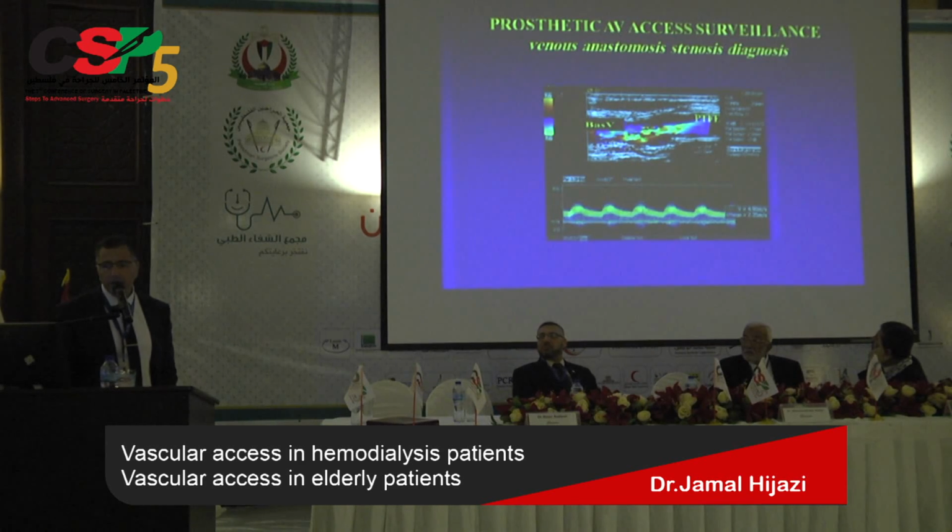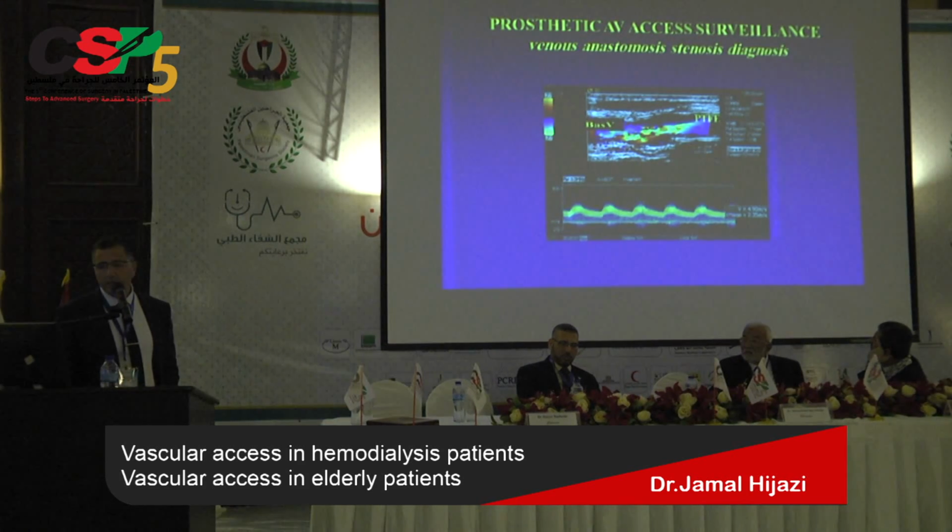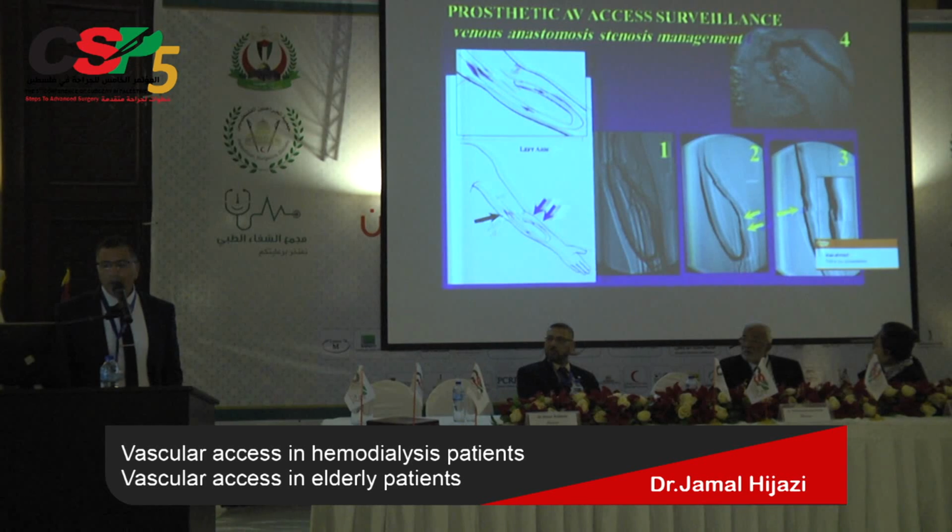We did an ultrasound for him that showed a tight stenosis in the venous lymphatic side. Here's the lymphatic side. We have a chart all the time. We have to chart the veins before the surgery, at the time of mapping.